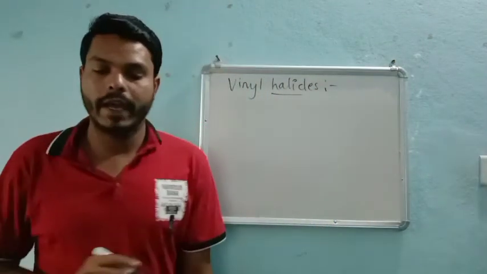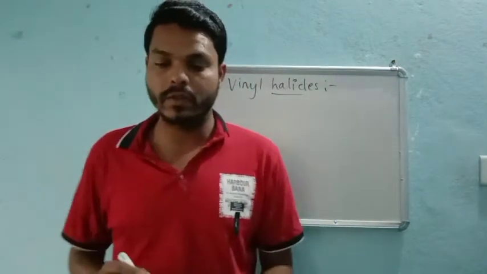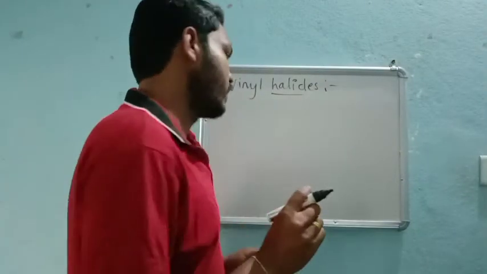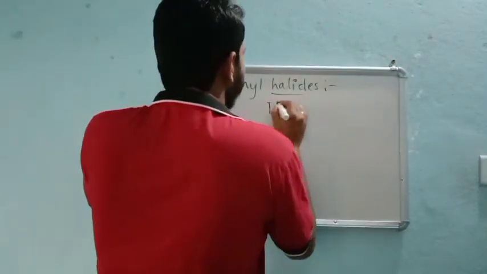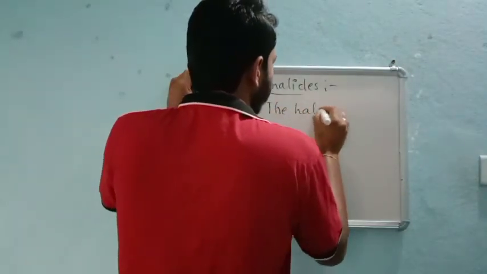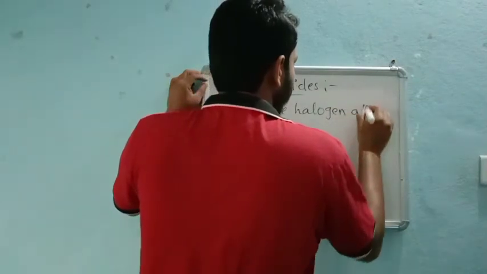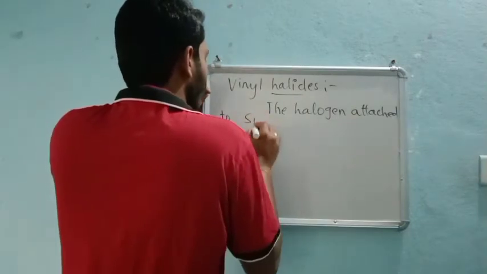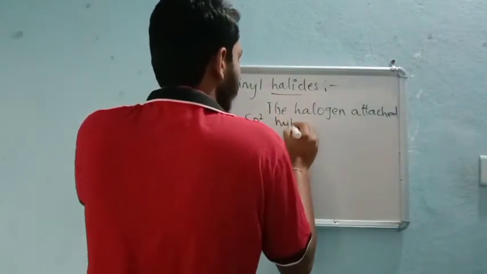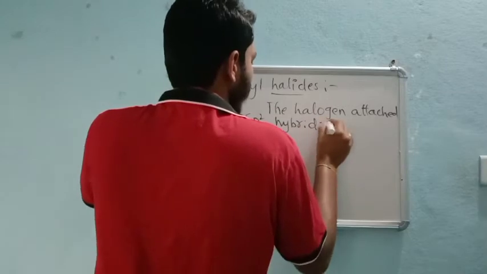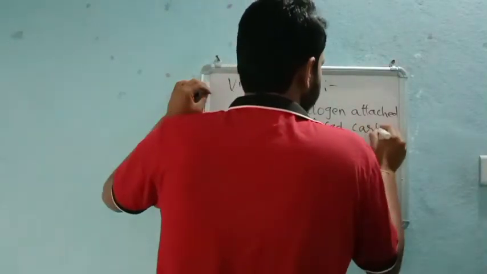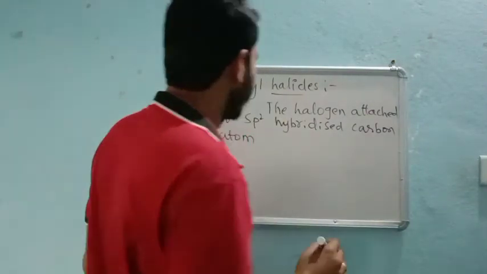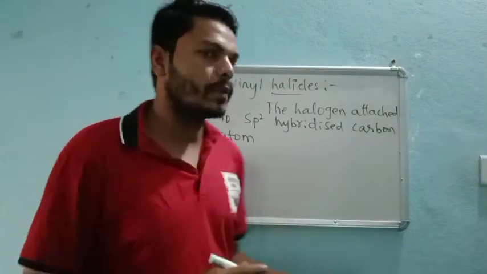In vinyl halides, the halogen atom is attached to an sp2 hybridized carbon atom. Directly, this is very simple.